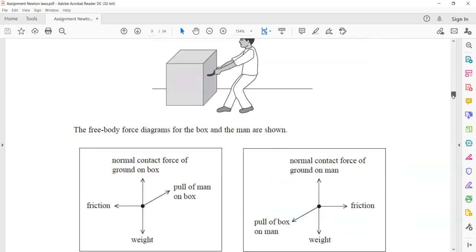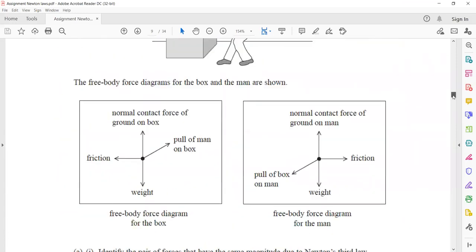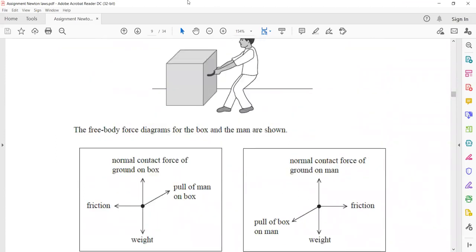So we have to calculate this frictional force between the ground. Basically there's a frictional force on the box and there's a frictional force of the man.